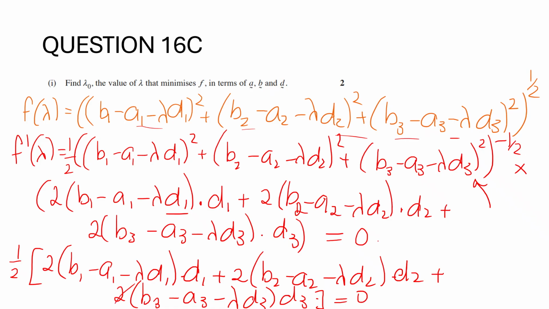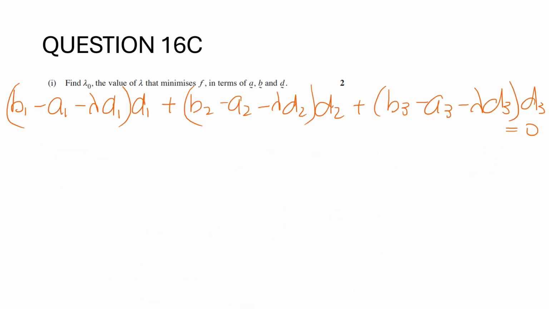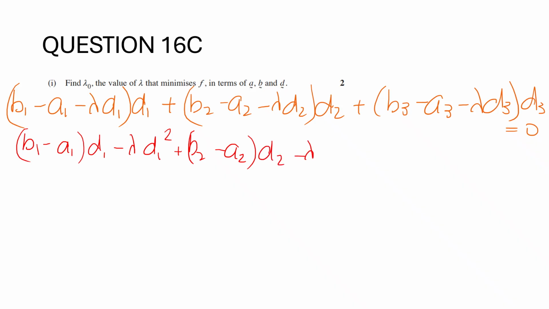And these 2's will all cancel out with that half. Okay, expanding, we've got B1 take A1 times D1, take away lambda D1 squared, plus B2 take A2 times D2, take lambda D2 squared, plus B3 take A3 times D3, take lambda D3 squared, is equal to 0.